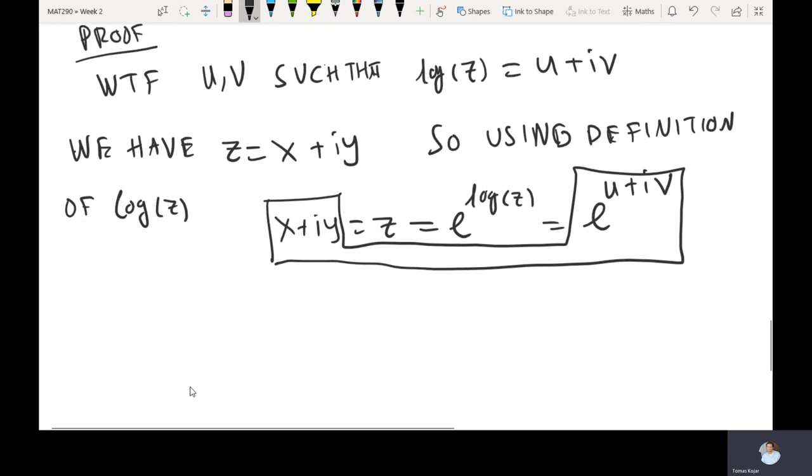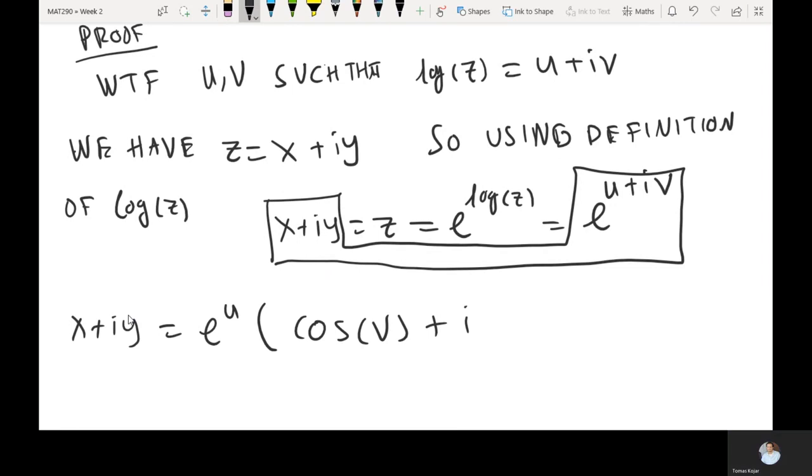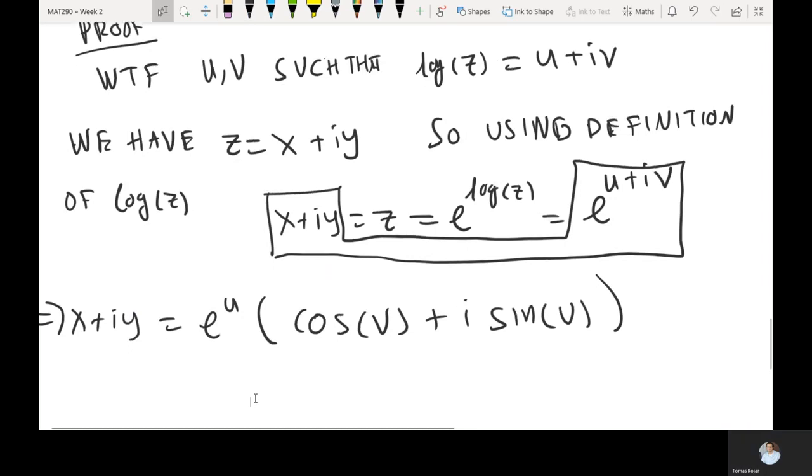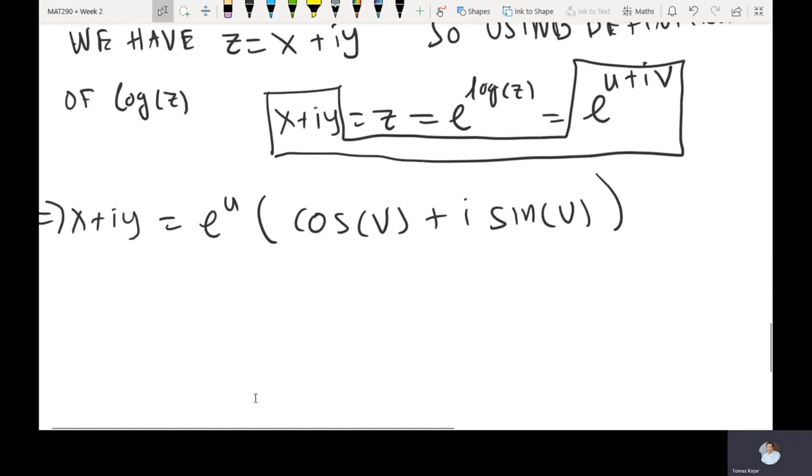This will give us a system of equations. What do I mean? So let's further simplify. We have x plus iy is equal to e to the u, and then by Euler's formula, cosine v plus i sine v. As we did in previous class, equate real and imaginary part.